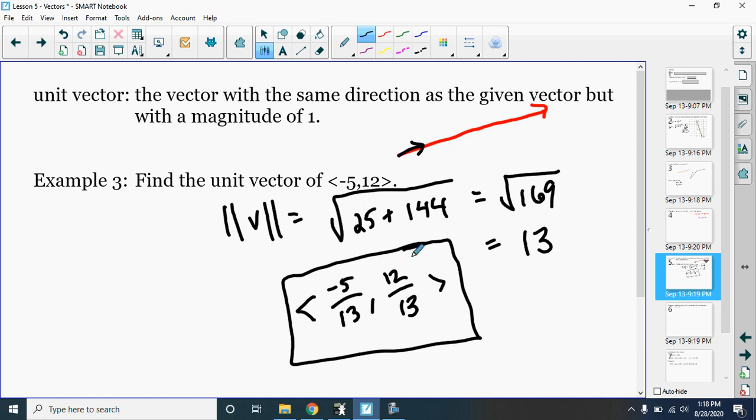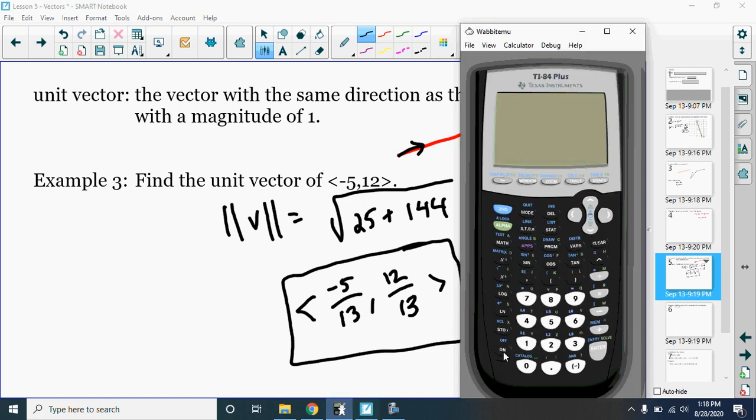But if we were to find the magnitude of this, so we've got negative 5 over 13 squared plus 12 over 13 squared, and then take the square root. Notice even before I take the square root, if I take the square root of 1, this does indeed have a magnitude of 1.